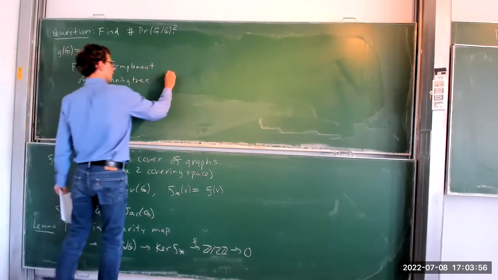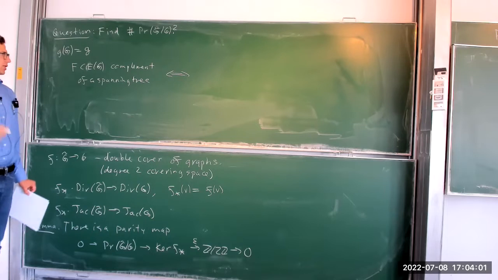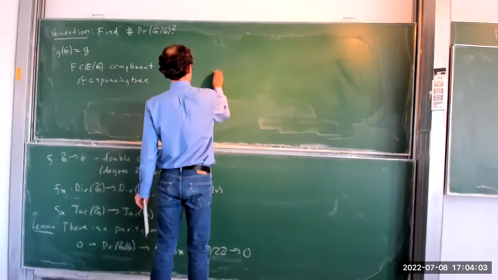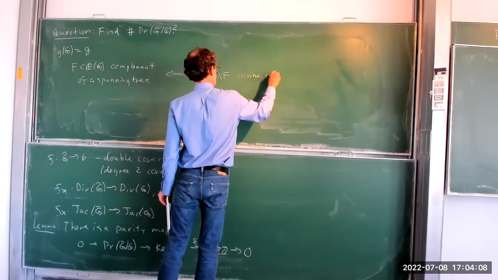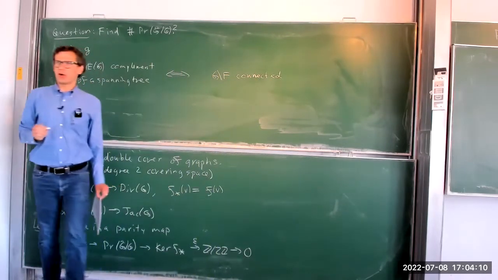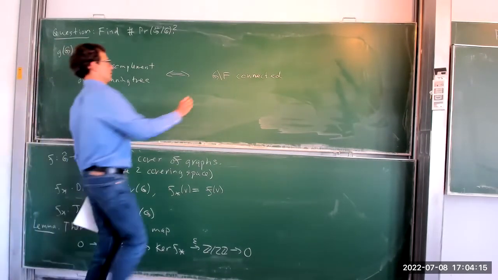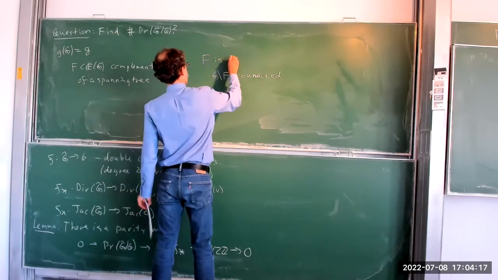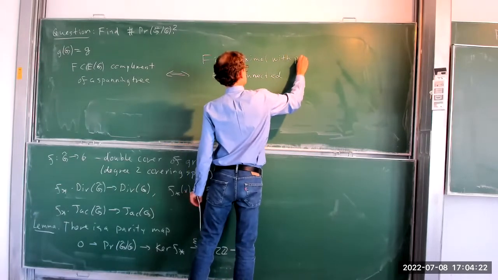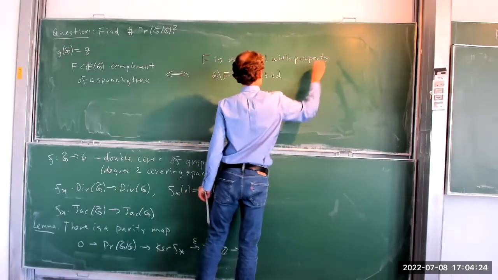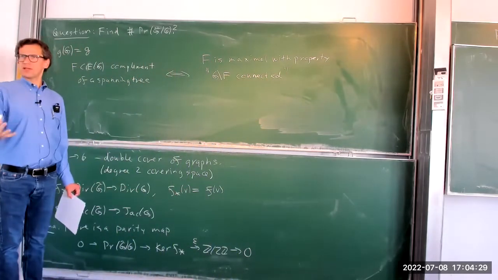Well, if you think about it for a second, what this means is that removing these edges does not disconnect the graph. And furthermore, the set F is maximal among sets with this property, that removing the set of edges F keeps your graph connected.